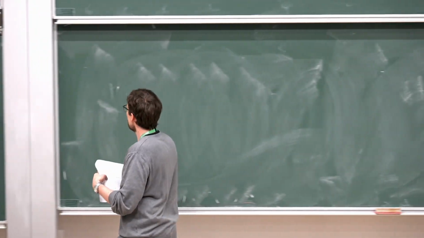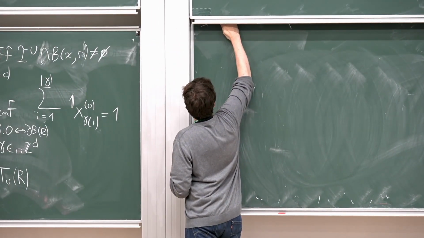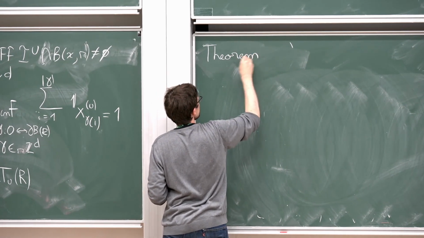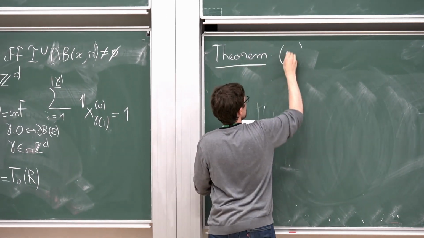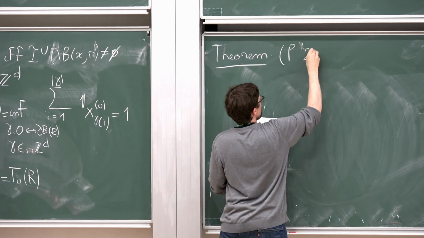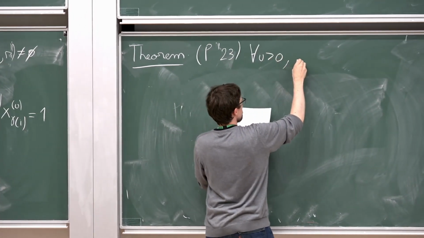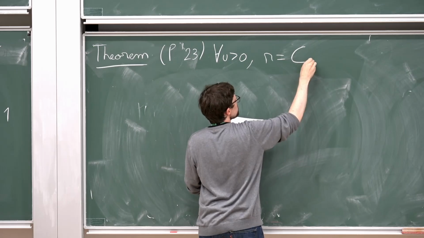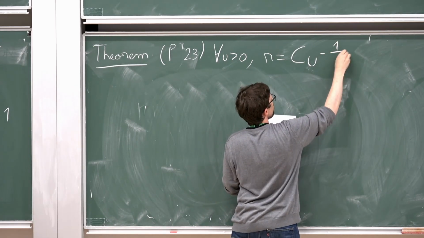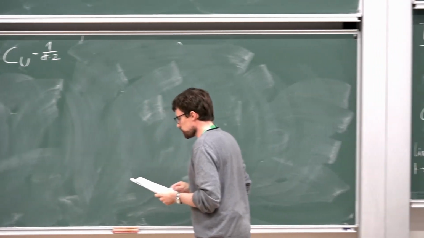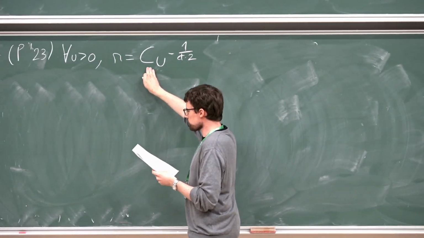So let's say you look at the renormalized lattice with a renormalization r which depends on u. So this will be c_1 u^{-1/(d-2)}. Okay, this is the correct small r to look at, with a large enough constant in front.